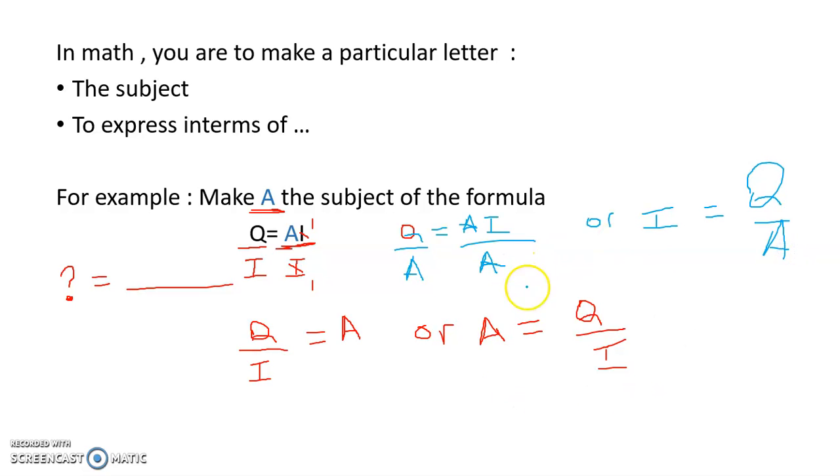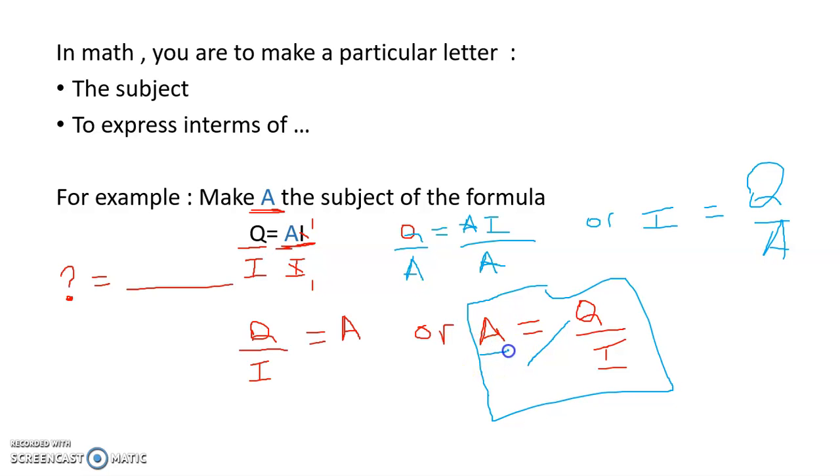Using this formula, we can also make Q the subject again, and let's see if we will get the initial formula, which is Q equals A times I. In order to make Q the subject here, we can simply cross multiply.